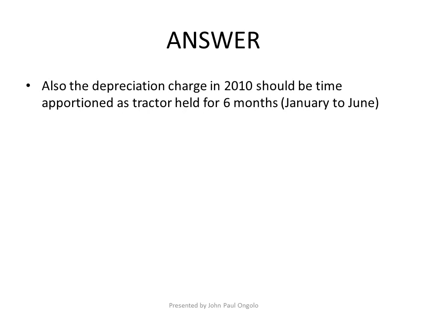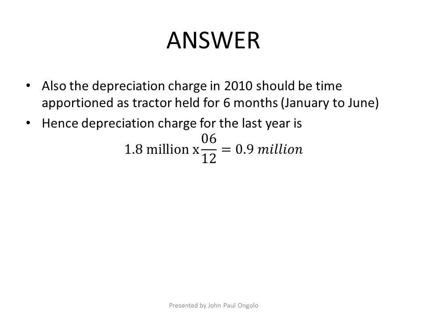From 1st of January to 30th of June, we have a period of 6 months. So in this case, the annual depreciation charge of 1.8 million must be time apportioned for the 6 months we held the asset in the year of disposal 2010. The depreciation charge of that last year hence will be 0.9 million.